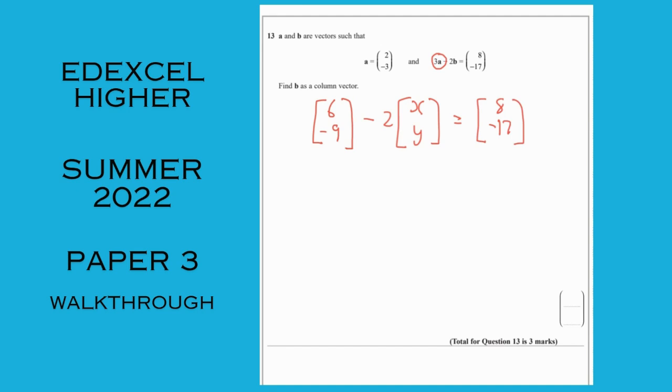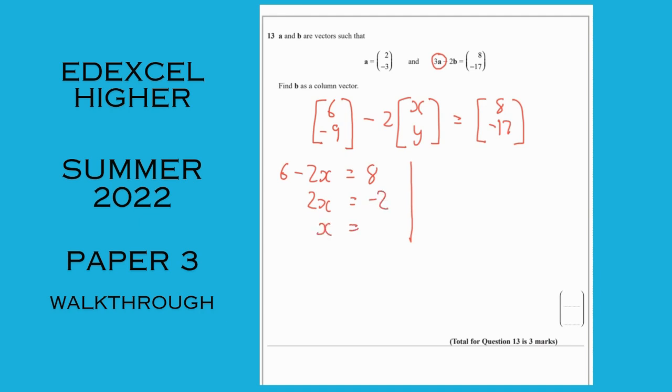So it does pretend to look like a simultaneous equations question, but actually it's easier than that. Because if you read across the top on the corresponding elements, you get 6 take away 2x equals 8. So we add 2x and take away 8 from both sides.